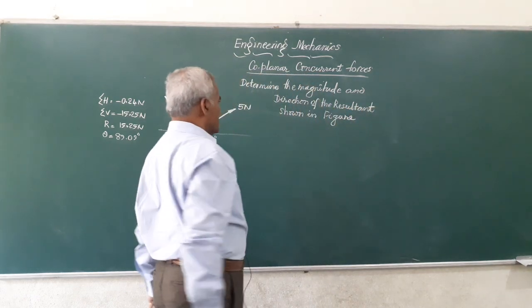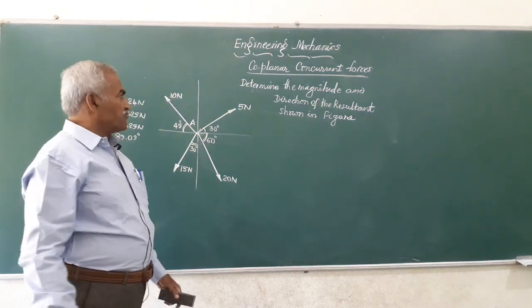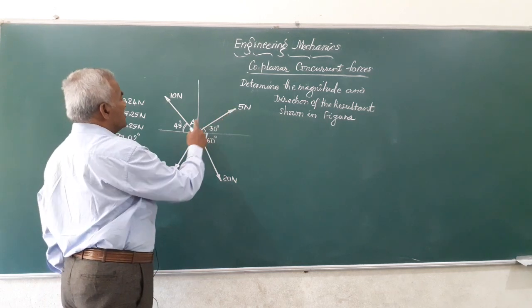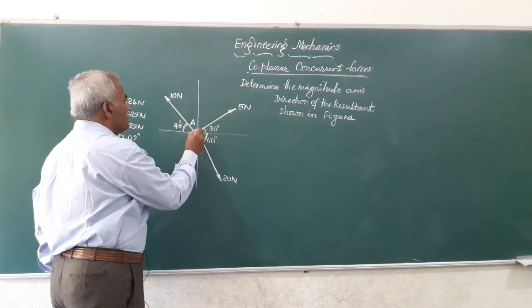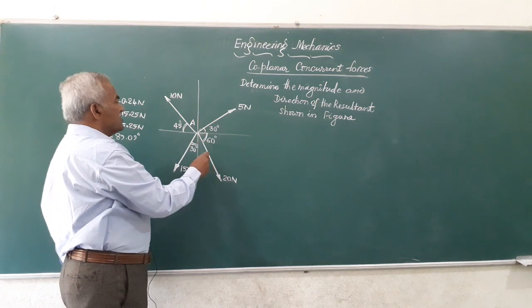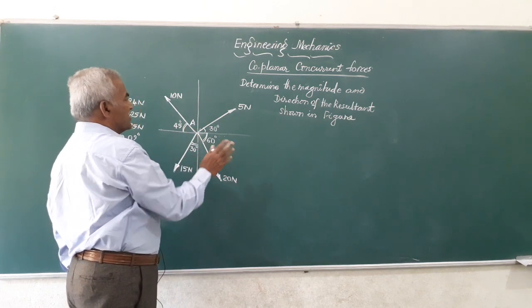There are four forces. Friends, in all such problems, you can see here force of magnitude 5 Newton, that of 10 Newton, 20 Newton and 15, they are meeting at a common point A, and all these forces are inclined either to the horizontal or to the vertical.